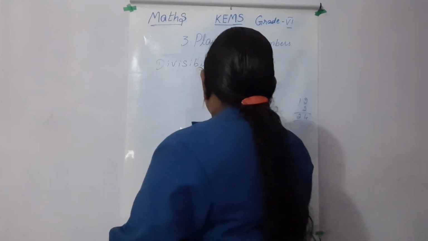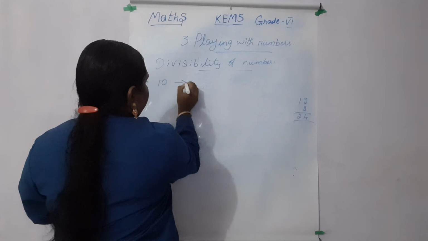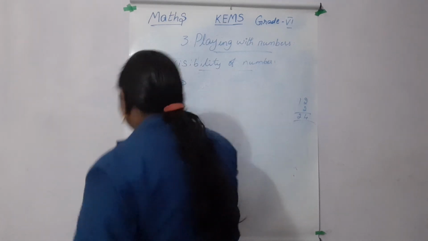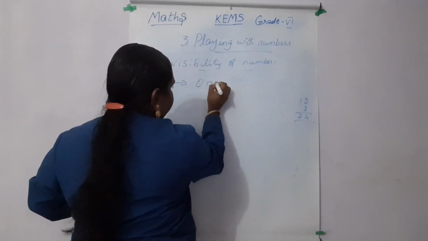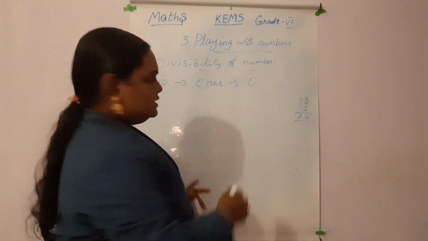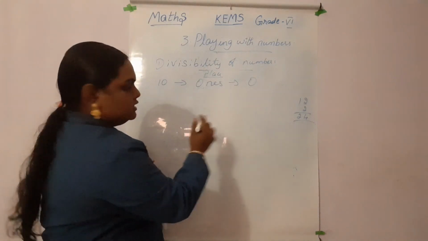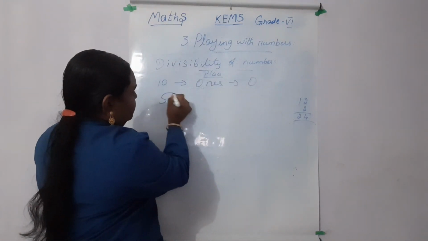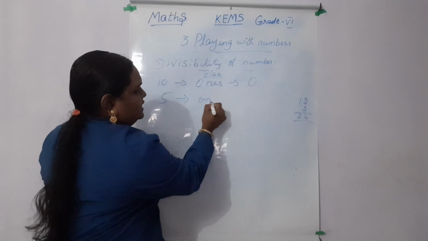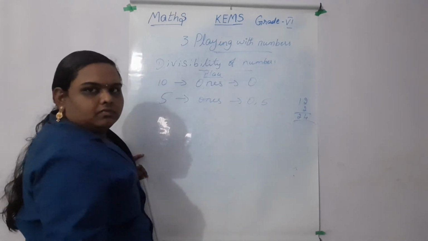If I am taking divisibility of 10, the ones place is 0 only. Okay, this is the place value. Okay, so 0. If I am taking the number 5, in ones place we can have 0, 5.